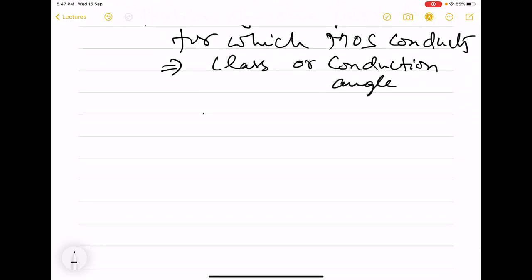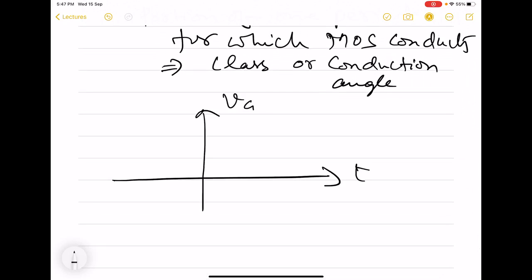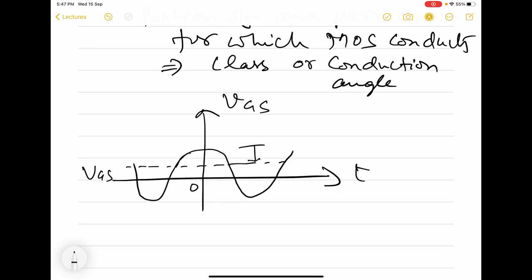Say, for example, we have this kind of scenario. This is total gate to source voltage. This is zero line. And then what we have is this is VGS, and my input is going to be about this. So this much portion is the amplitude of the input.